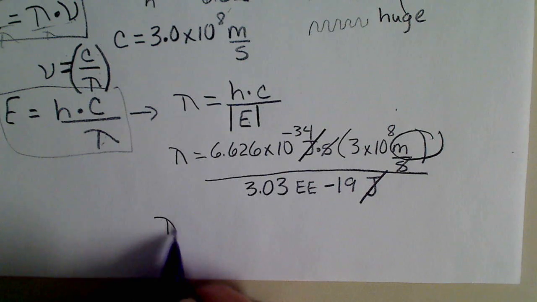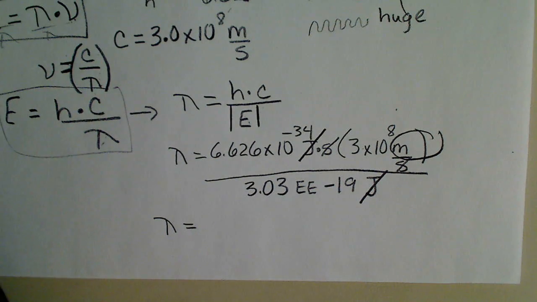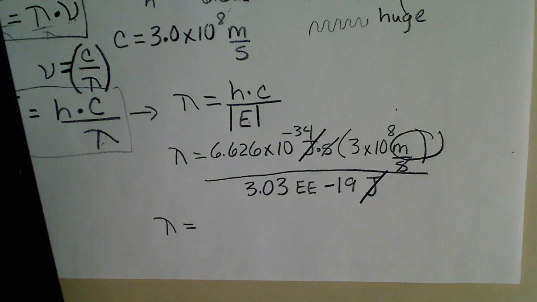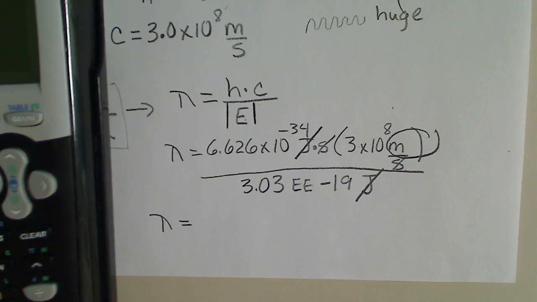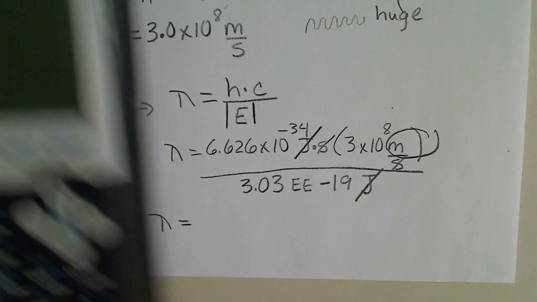So if we just do this really quick, 6.626 E negative 34 times 3 E 8. Oh, I messed up. E negative 34 times 3 E 8, and then divide that by 3.03 E negative 19.